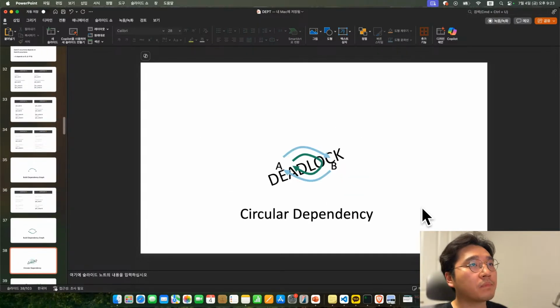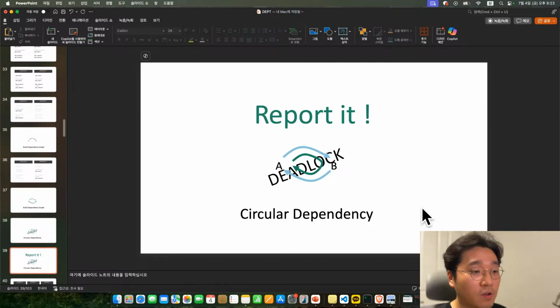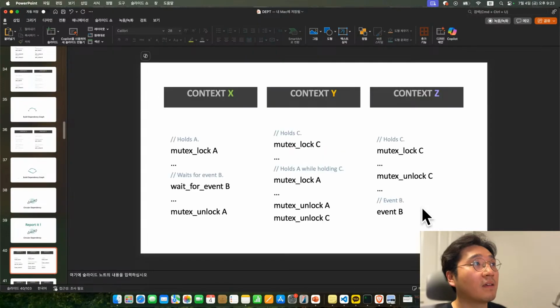So this makes a deadlock, A deadlock, right? And it is replicated from DEPT, right? As you know, this is the situation that Lockdep will never detect in this context.